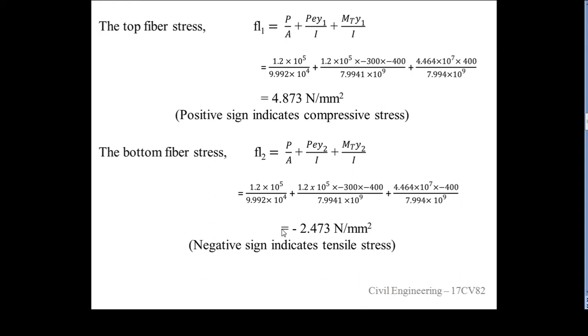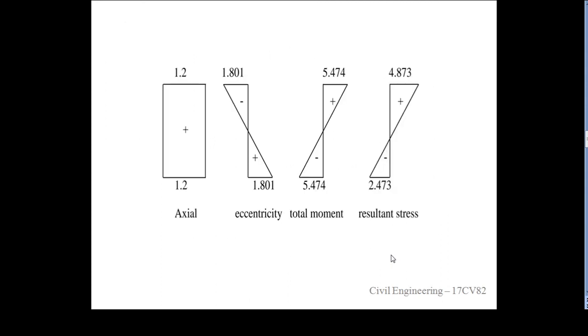Then fL2 is equal to minus 2.473 Newton per mm square. This negative sign indicates the tensile stress at the bottom. Okay, then coming to the stress diagram, here P by A is 1.2, here P by A is 1.2.